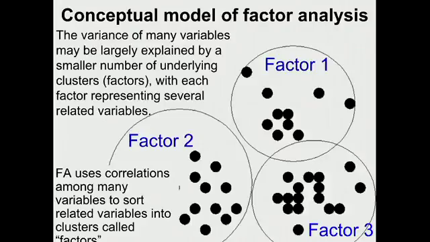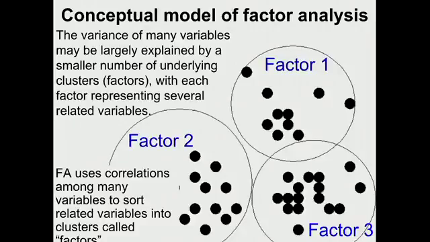So some other ways of saying that is that perhaps the variance of many variables could be largely explained using a smaller number of underlying clusters or factors, where each factor represents several correlated variables. So we're looking for sets of correlations, sets of variables that kind of belong more to each other than they belong to the other variables.